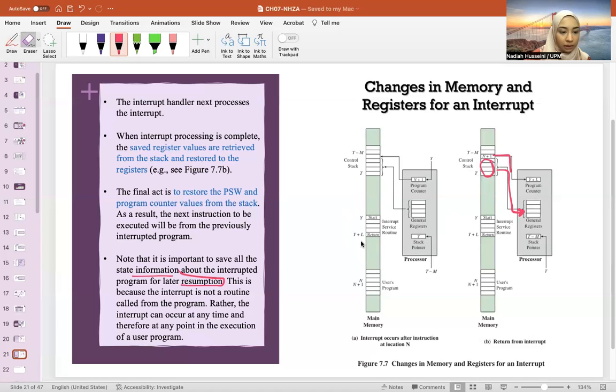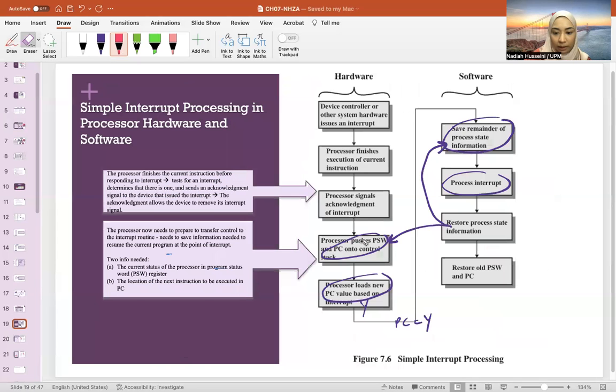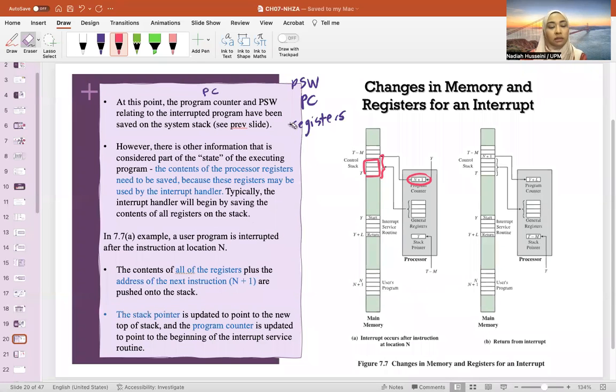The processor loads a new PC value based on the interrupt. So instead of the PC being N plus 1, which is what the user program wants, it now has to process the interrupt, so it has to go somewhere else. The PC will load the new value based on the interrupt. In this case, the new value for the interrupt is at Y.